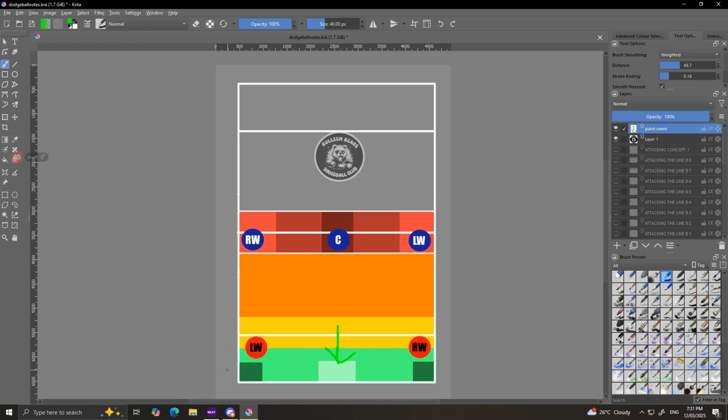And then the most dangerous spots are on the wings. And this is why most of the time the wings get the ball, okay? Because they're locked into a corner. So we give them the ball, and then the safest place is in the center.